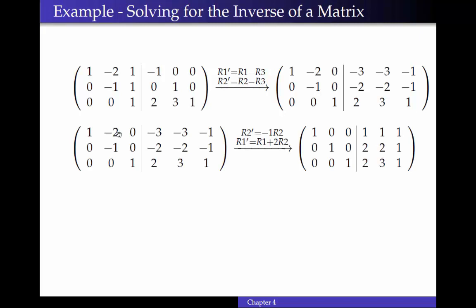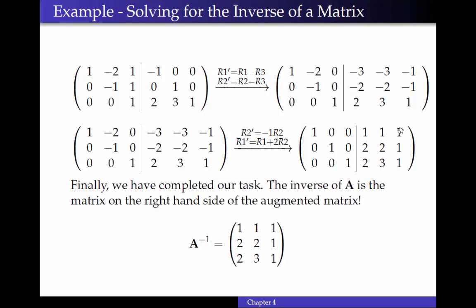And then once that's done, we're going to change this pivot element to a 1 and eliminate the values above it. And finally, we've completed our task. Once we have the identity matrix on the left-hand side, then whatever's over here is the inverse of the matrix A. So A inverse is just this matrix here, 1, 1, 1, 2, 2, 1, 2, 3, 1.